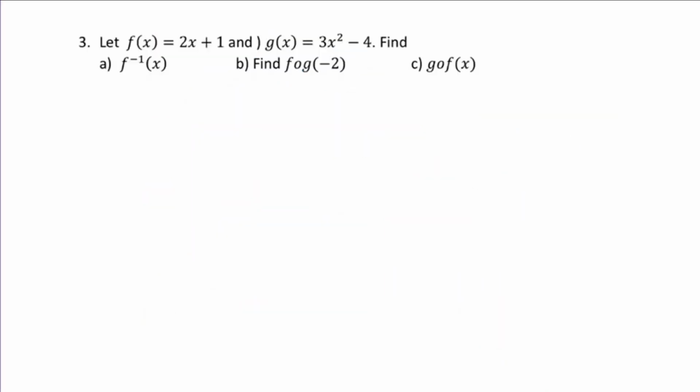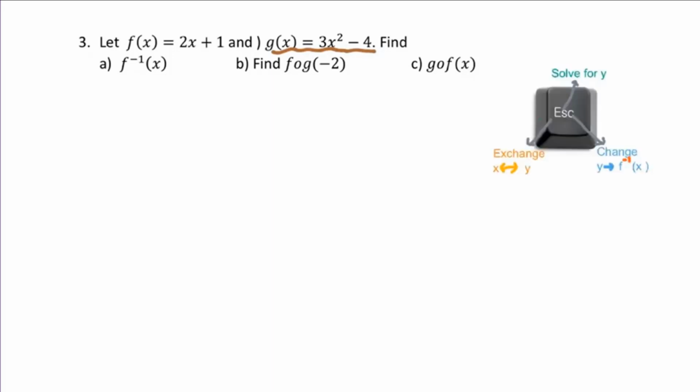Now let's go to number 3. Let f of x equals 2x plus 1 and g of x equals 3x squared minus 4. Find the inverse function of f of x. Whenever you look for an inverse function, we use the ESC button. That's the first step, exchange x and y.